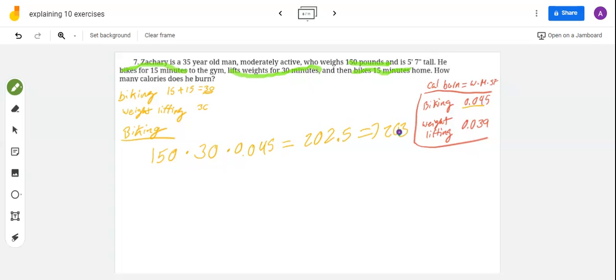Okay? So biking, he burned 203 calories.